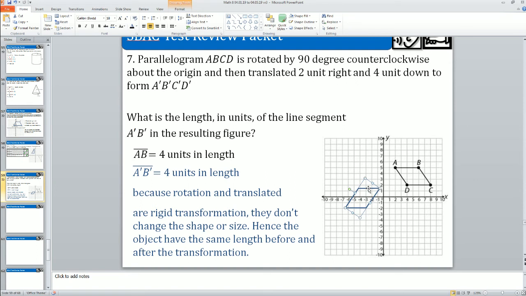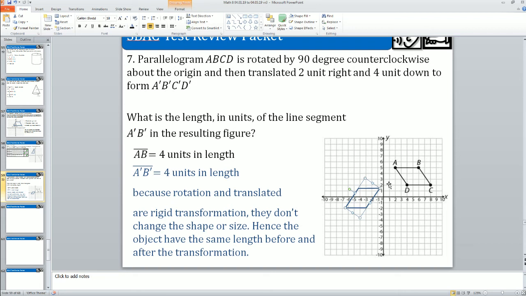The rotation and the translation did not change its shape or size. Therefore, the object has the same length before and after the transformation. The fact that it had a length of 4 before, it has also a length of 4 after, because rotation and translation did not change its shape or size.